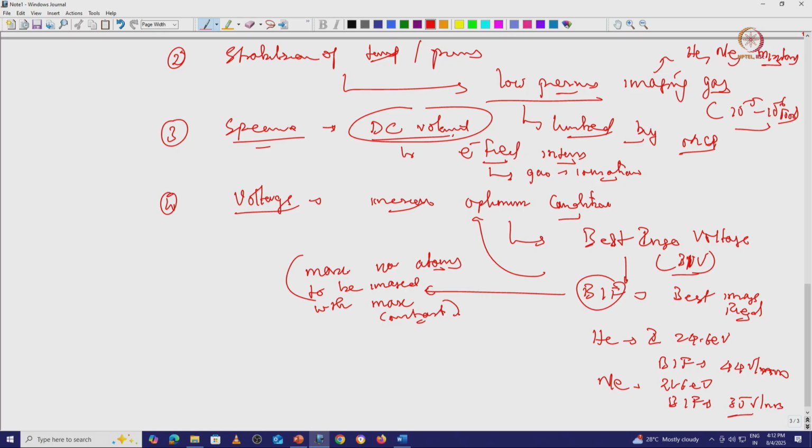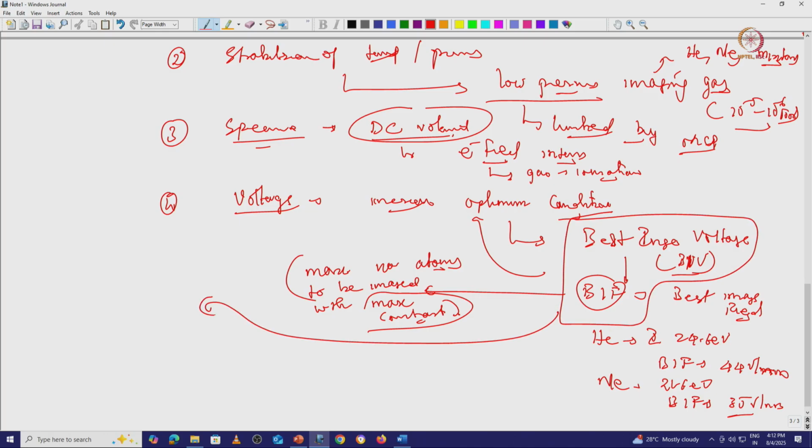It means that at these voltage conditions you will get an optimum condition for a good contrast image on the fluorescent screen. Remember, in one of the previous classes we talked about this BIF and BIV value, in terms of ionization zone size.